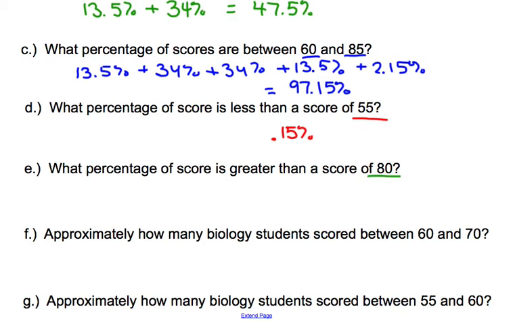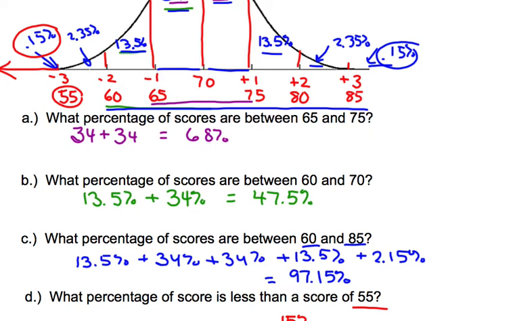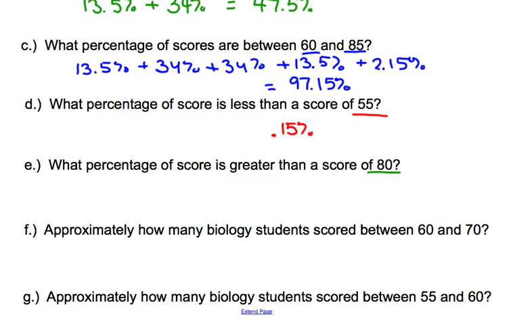So here's 80. We have to add 2.35% and 0.15% together. To give us 2.5%.